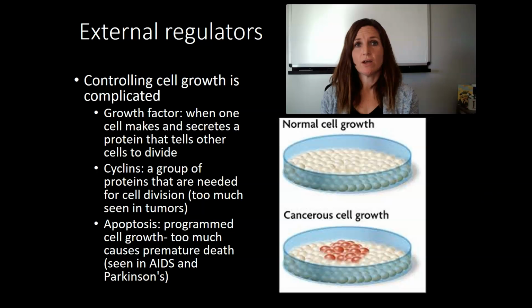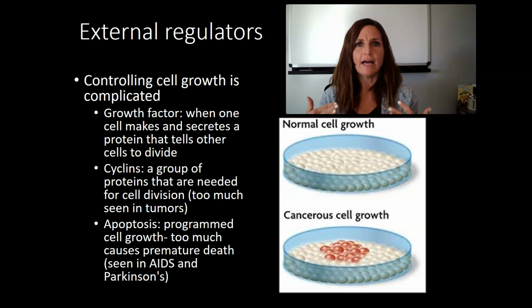When we control cell growth, that process is fairly complicated. It's not just a single thing that's going to determine whether or not a cell is going to divide. There are a number of factors that all need to work together in order to start or stop cell division.